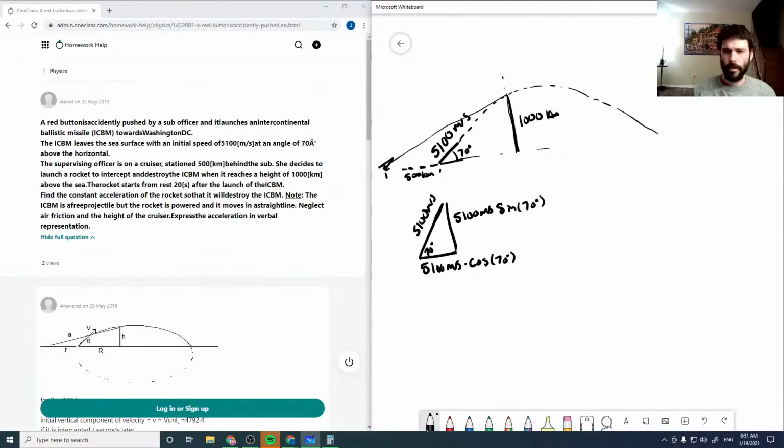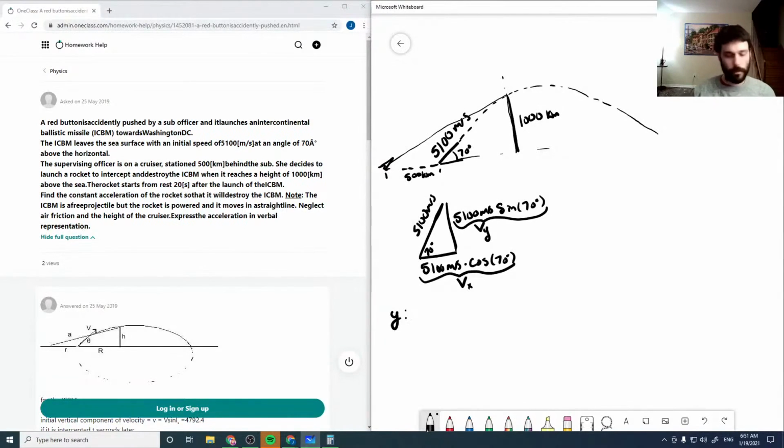I'm going to call this my Vy, and this my Vx, just to save me the trouble of writing these out all the time. The x direction will matter, but for now we're just going to concentrate on the y.